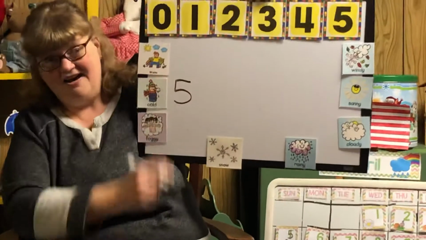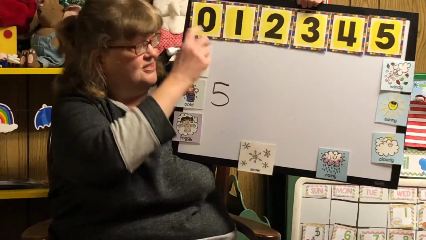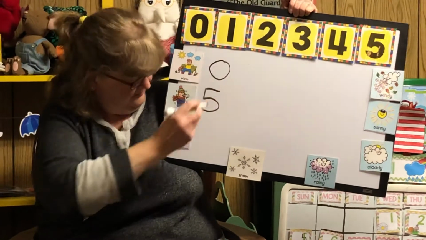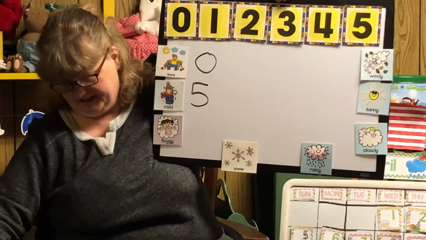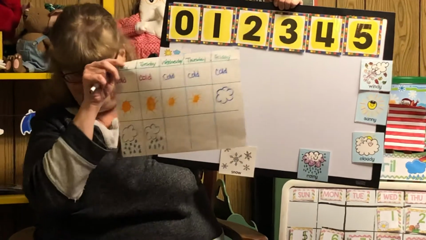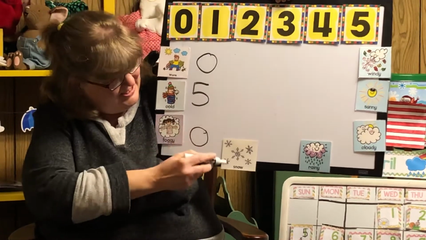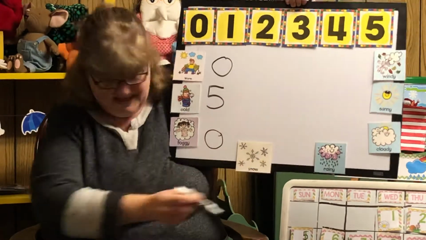Now, did I have any warm days last week? No, so I have to write a 0. How about foggy days? Let's take a look. Any foggy days? No. So we will write another 0. Now, did we have snow or rainy?